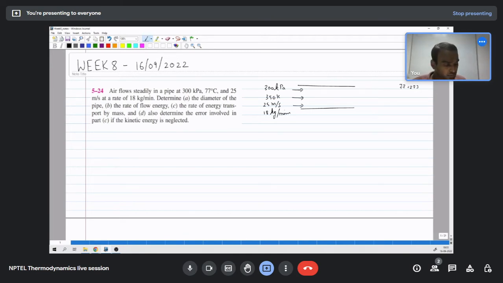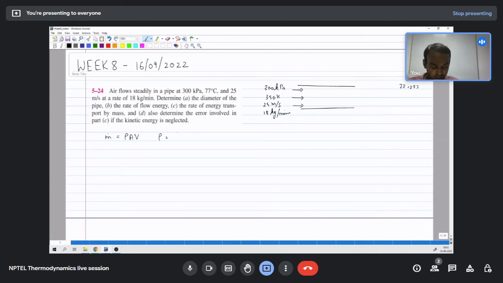To calculate the diameter of the pipe, we have the mass flow equation given by m dot is equal to rho AV. Rho is the density of the medium, A is the area of the flow, and V is the velocity. For this we can calculate rho using the equation of state, PV equal to mRT.